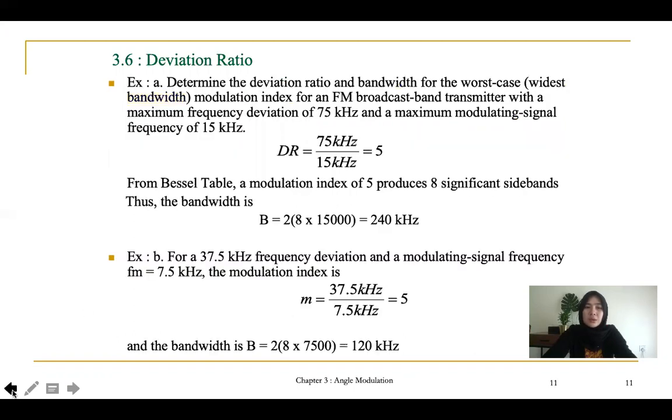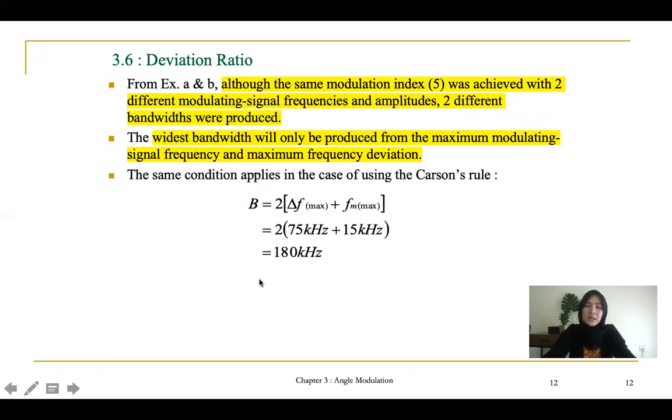If you compare with the Bessel table, which gave 240 kilohertz, there is a slight difference. I already explained before that Carson's rule will give a bandwidth value that is smaller than using the Bessel table. However, the performance using Carson's rule is poorer compared to using the Bessel function.